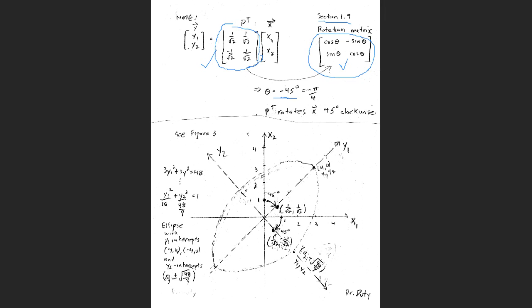So what this P transpose matrix does is it rotates the vector x 45 degrees counterclockwise. It rotates these x1, x2 points from the x1, x2 coordinate system that you're used to seeing, 45 degrees counterclockwise.